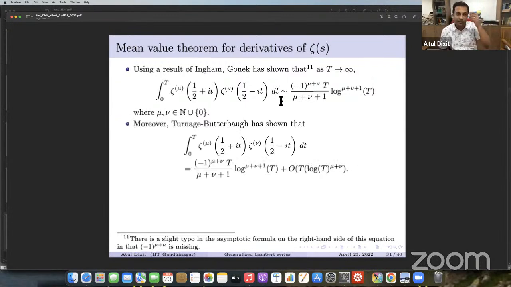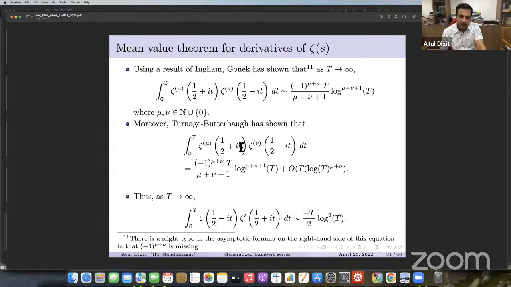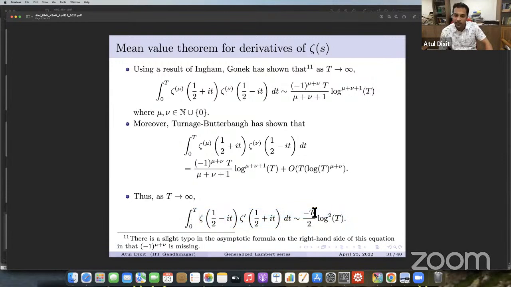This has been further extended by Caroline Turnage-Butterbaugh, and she has shown that here is the main term and here is the error term. So if I put here mu equal to 1 and nu equal to 0, we have this asymptotic for this particular moment, which is minus t over 2 log square t.